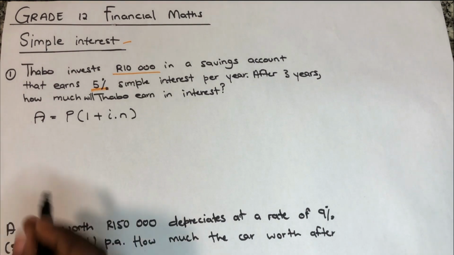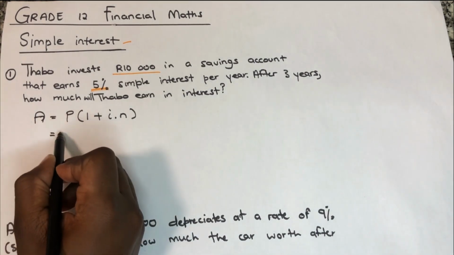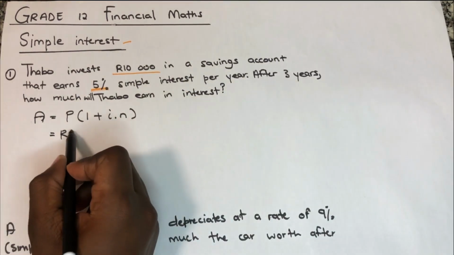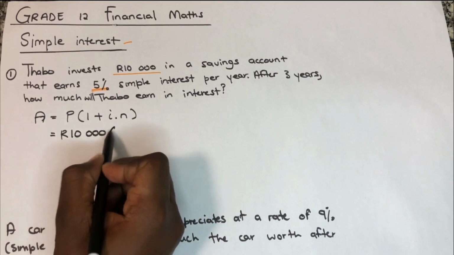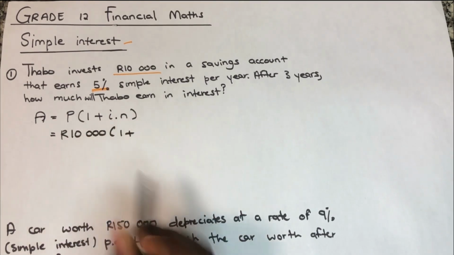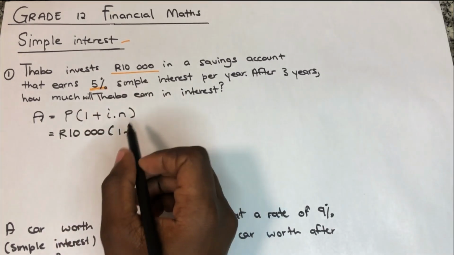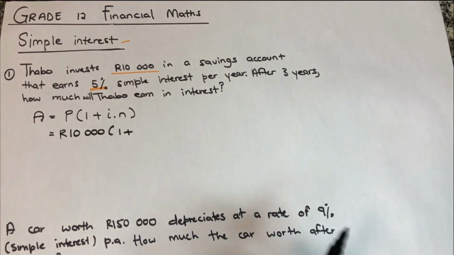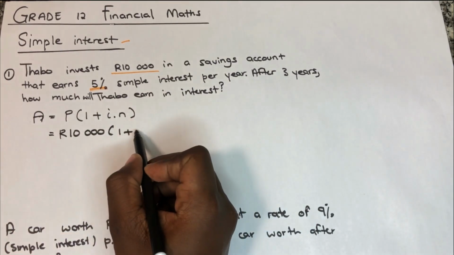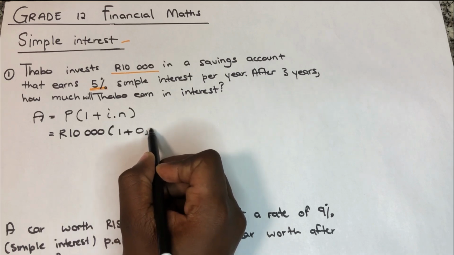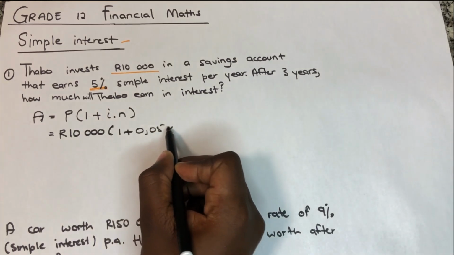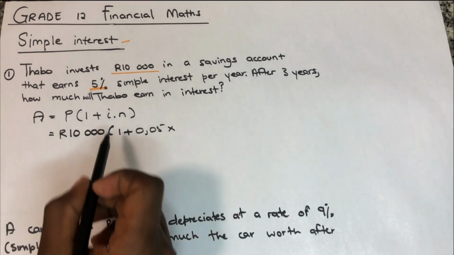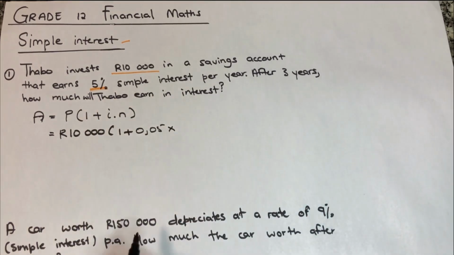So this is going to be equal to the principal amount that was invested, which is 10,000 rands, times (1 plus the interest, which is 5%, which is 5 divided by 100, which is 0.05, multiplied by the number of periods).